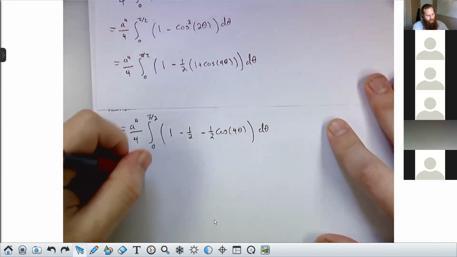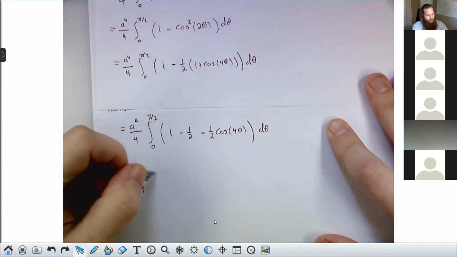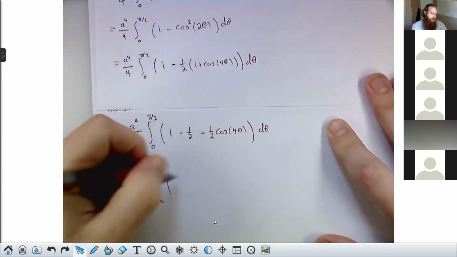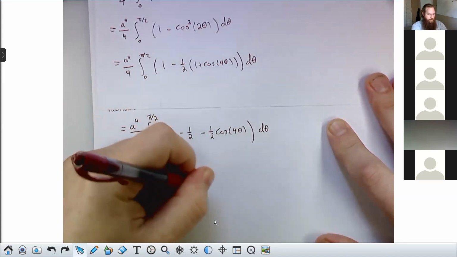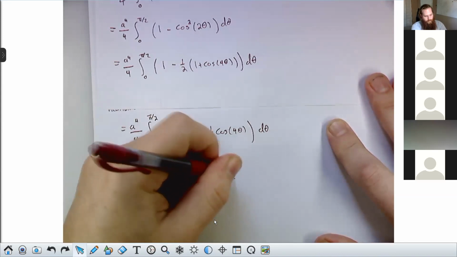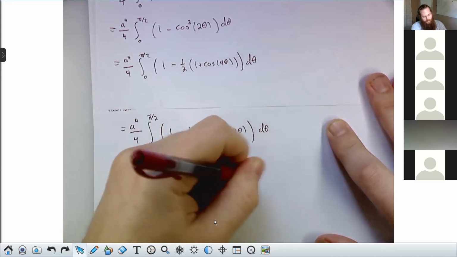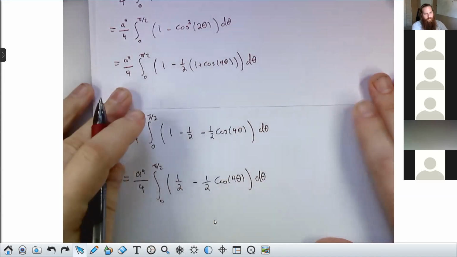So this is a to the 4 over 4, integral 0 to pi over 2, 1 minus 1/2 is 1/2 minus 1/2 cosine 4 theta. And now I'm ready to take an antiderivative.